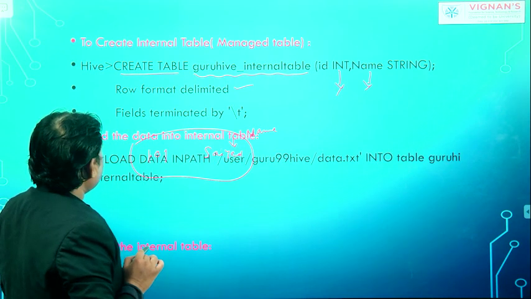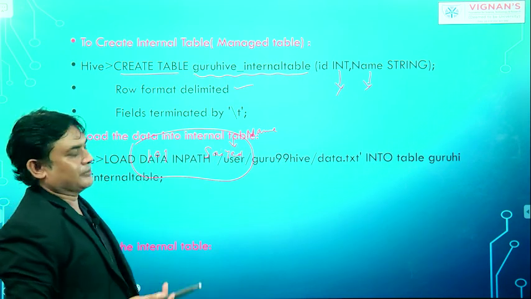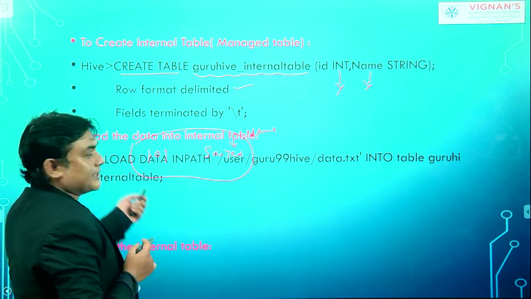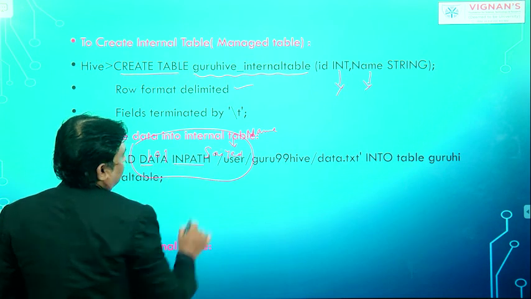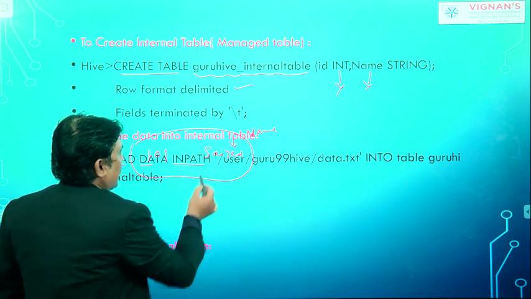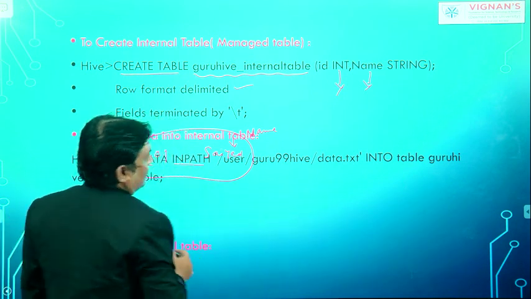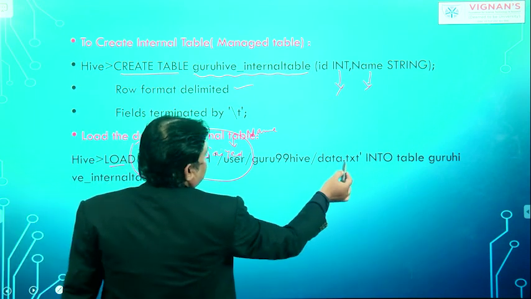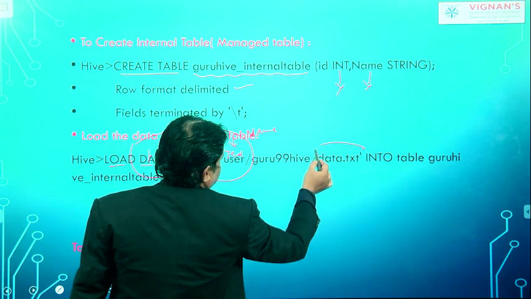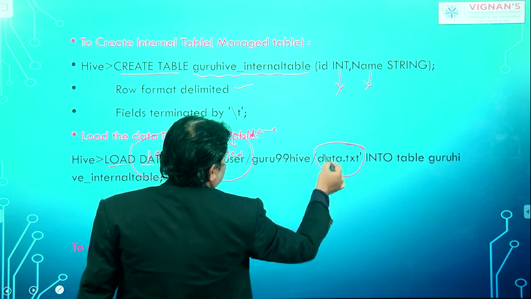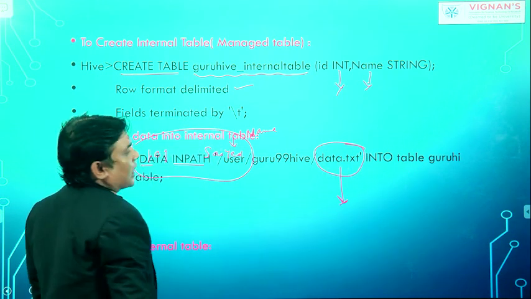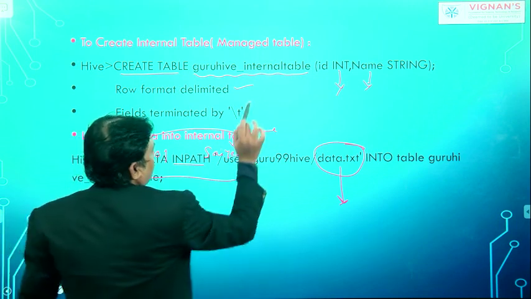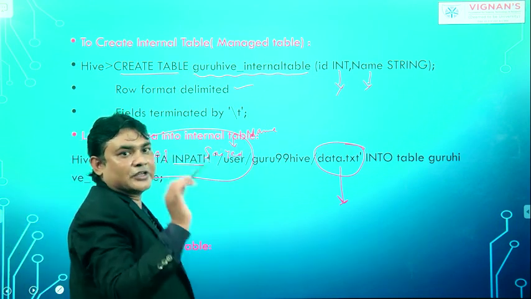Now how to load this data into the table? You have to use the same syntax: load data inpath, and you specify the location where the data is available. For this we have a file called data.txt, a text file. In this file we have many records, and each record contains two fields, one is ID and the second is name.